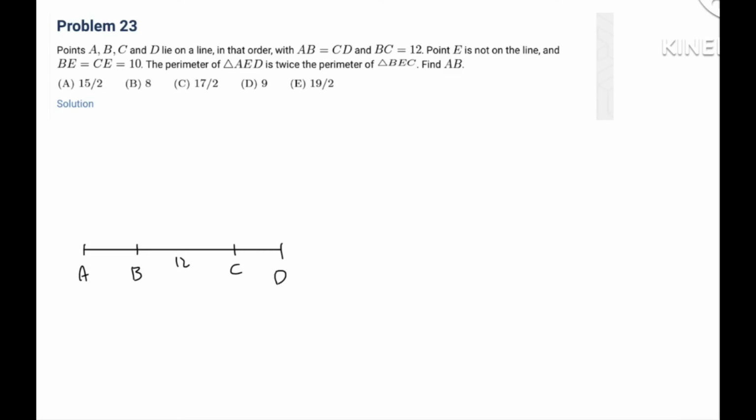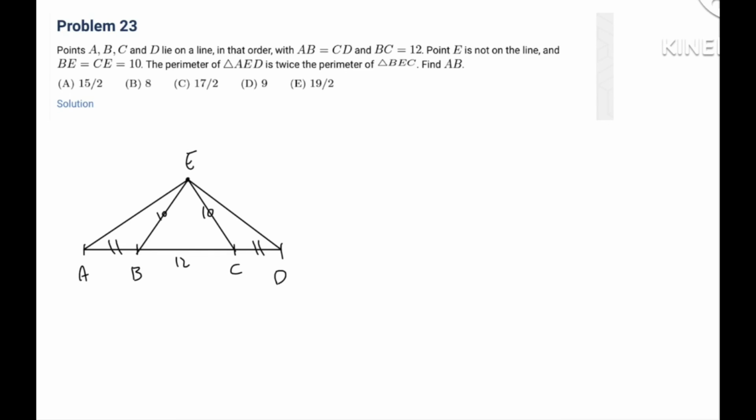So if BE equals CE, then E must be above the midpoint of B and C. And so if we put lines, this would be an isosceles triangle, and then triangle AED would also be isosceles, because these two are the same length apart, and since this is isosceles, these two also must be isosceles.